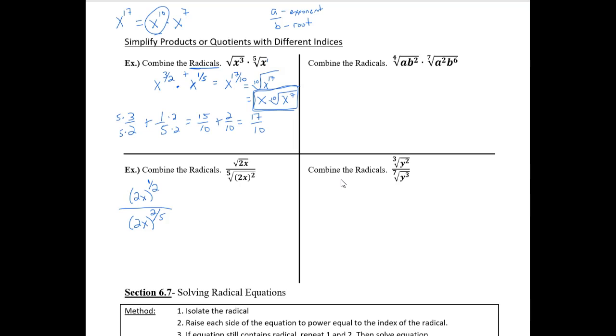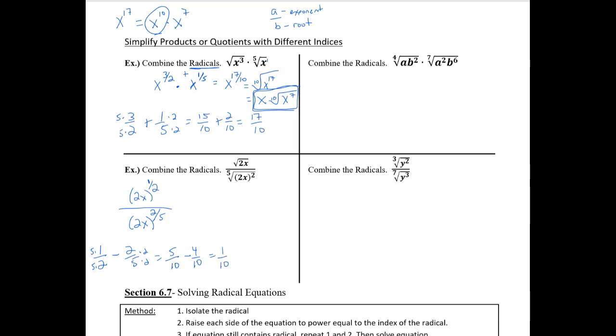What do we do with the exponents when we are dividing? We subtract them, right? So I'm taking 1/2 and subtracting 2/5. Same idea. I need a common denominator. Multiply by 5, multiply by 2, and I get 5/10 minus 4/10, and 5 minus 4 is just 1.